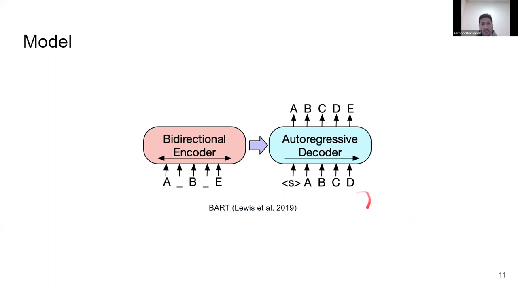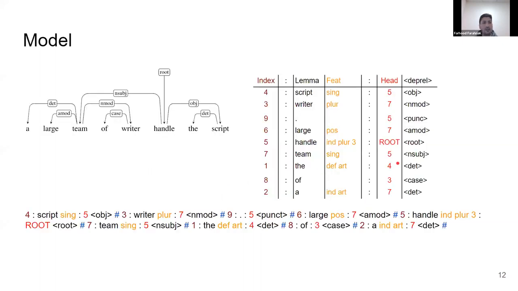However, language models handle text-to-text problems, which means both the input and the output are presented in the form of text. So we first need to represent our input, which is in the form of a graph, as text. For this purpose, we represent the input graph as linearized text. For example, here we can see the input graph, and on the right we have the features of each node.